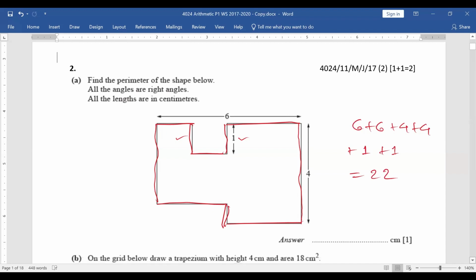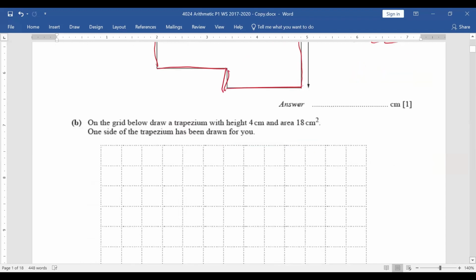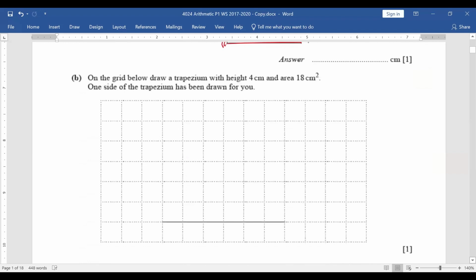Next question. On the grid below, draw a trapezium with height 4 cm and area 18 cm squared. One side of the trapezium has been drawn for you. As this is a trapezium, you have to know the formula for its area: half times (a plus b) times h.